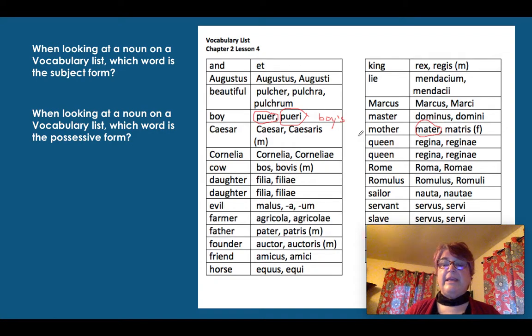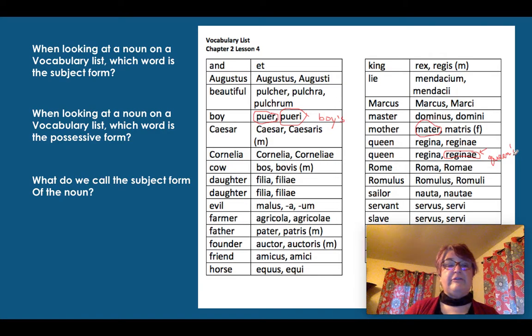If I wanted to say that this is the queen's friend, I would go to the word for queen and look at the second word, and this word, which ends with AE, is the possessive form. So that second word would be the word queen with an apostrophe S on it.